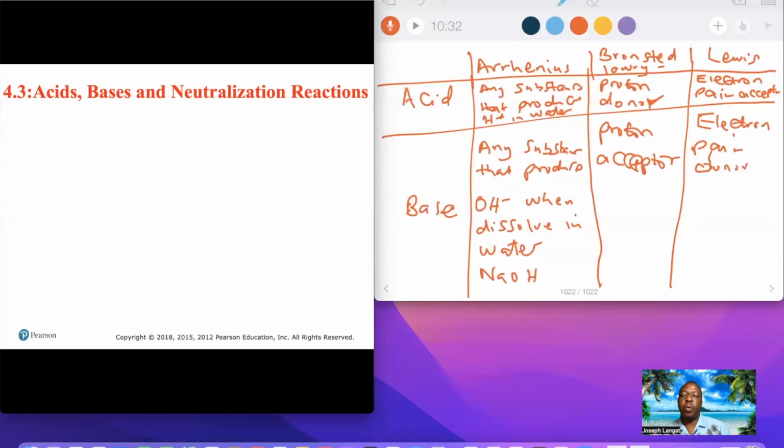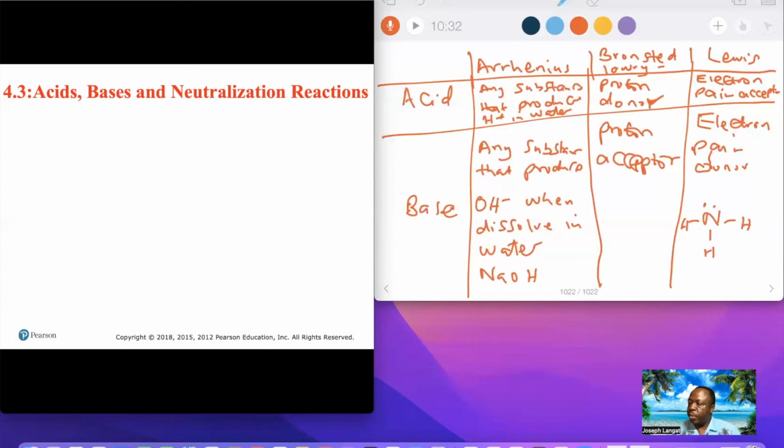That means it donates an electron pair. For example, NH3, if you recall the electron dot symbol for NH3, there is a lone pair of electrons. We consider this as a base, electron pair donor.